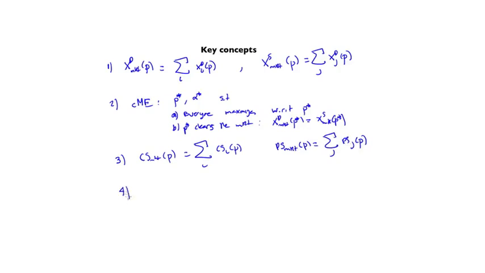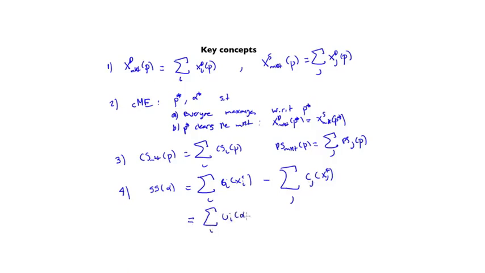And finally, we define this very useful notion of social surplus. What we saw is that the social surplus, a fundamental notion for any allocation, is just given by the sum over consumers of the benefit that they get from what they consume of good X minus the sum over firms of the cost of producing whatever it is that they have to produce. And we saw that this was equal to the sum over i of the utilities that every person gets at the allocation plus a constant.